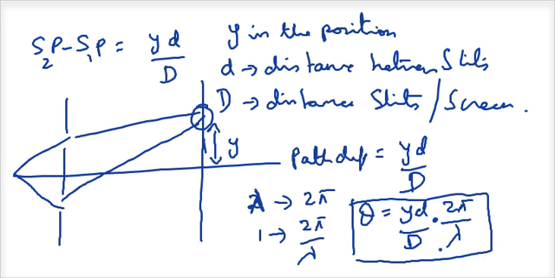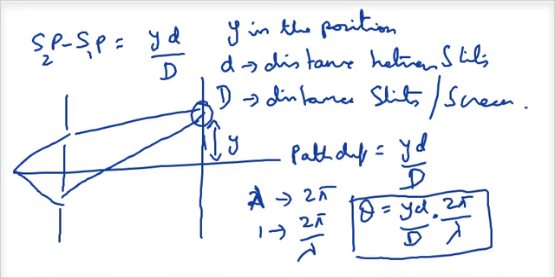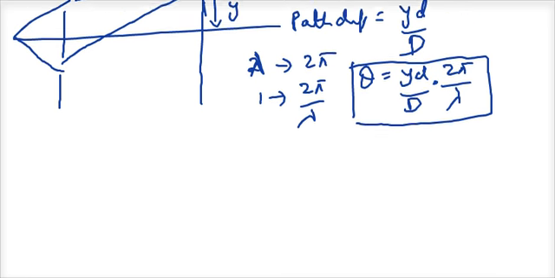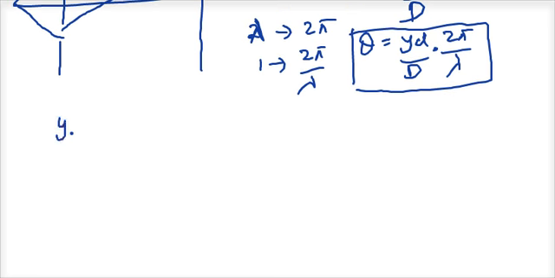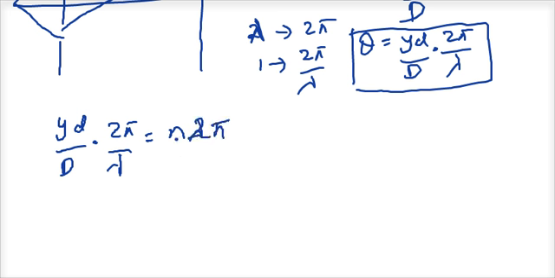Now if the path difference is equal to n lambda, I have a maximum. If it is equal to (2n plus 1) lambda by 2, I have a minimum. So let me try to see the conditions for each. So if this phase difference, that means if yd by D into 2 pi by lambda is equal to 2n pi, then I have an intensity maximum.